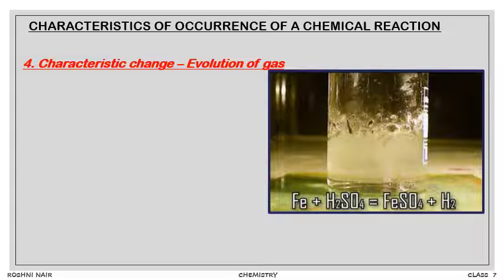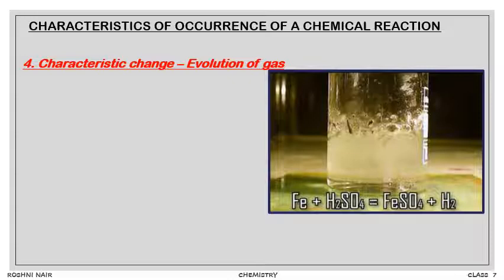When this iron filings react with dilute sulfuric acid, what you can see first is hydrogen gas which is evolved. So it is evolved like bubbles, right, as it is shown in the picture. So bubbles, you can see first thing hydrogen gas. Now it is like a displacement reaction. From H2SO4 hydrogen is displaced.